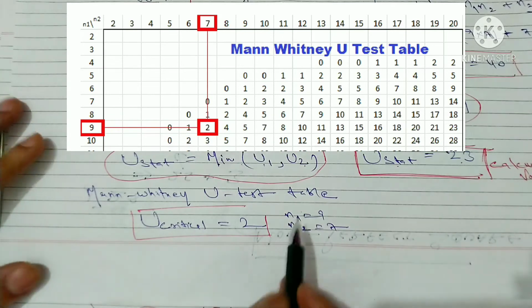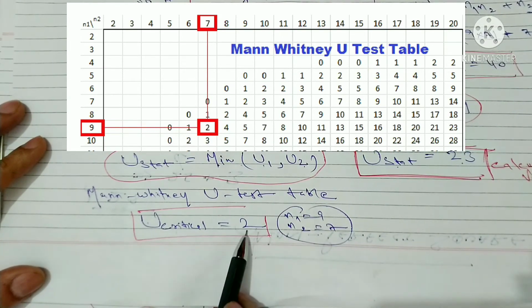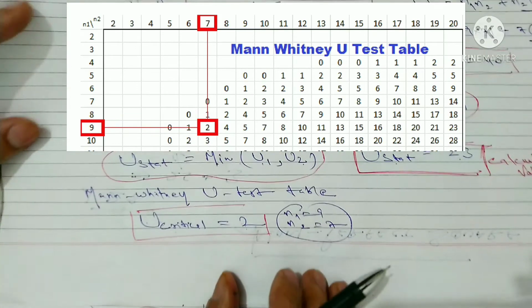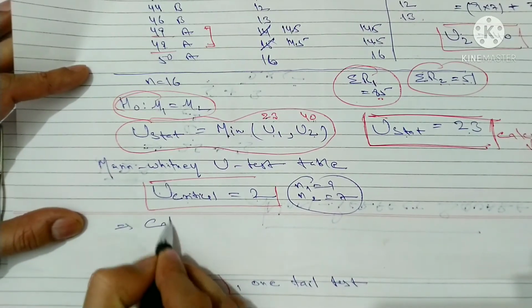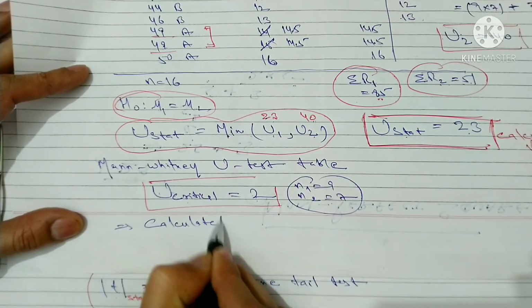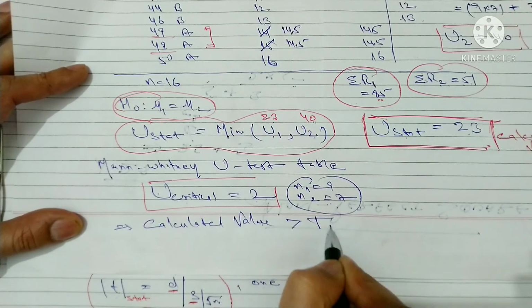For n1 equals 9 and n2 equals 7, the U table value is 2, which means our calculated value is greater than the table value.